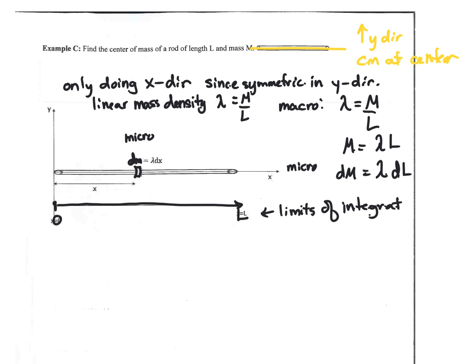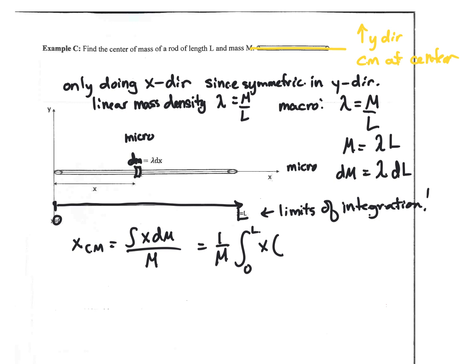So we're going to start and say that the x center of mass is equal to the integral of x dm over the total mass, which is m. If you sum this whole thing up, the mass is m, so you don't have to do an integral there. Now we're going to start plugging in. We have 1 over m times the integral from 0 to L, our limits of integration, of x times dm. What is dm?